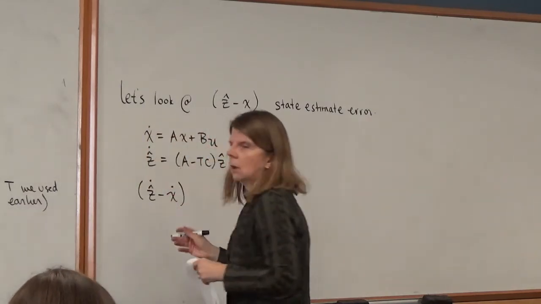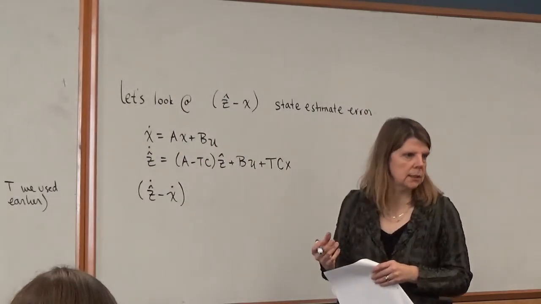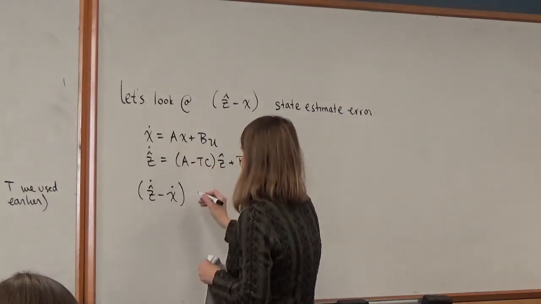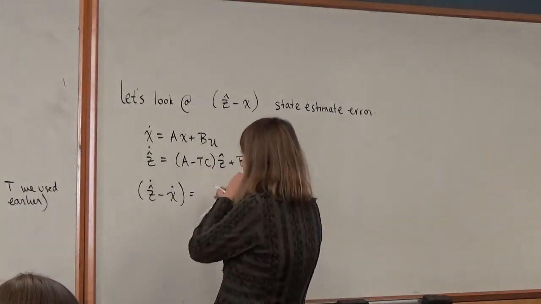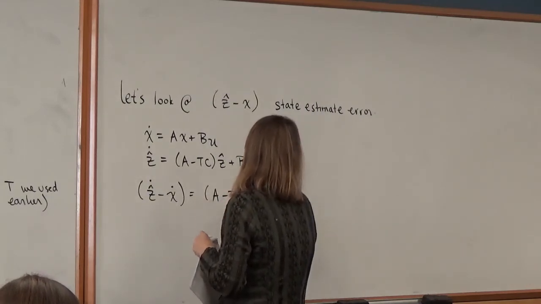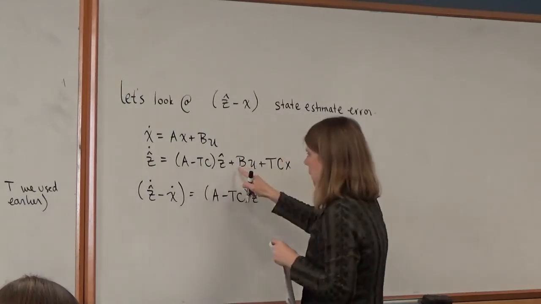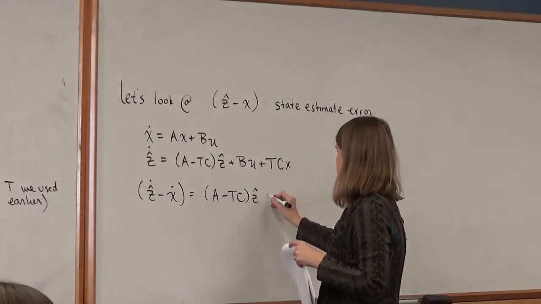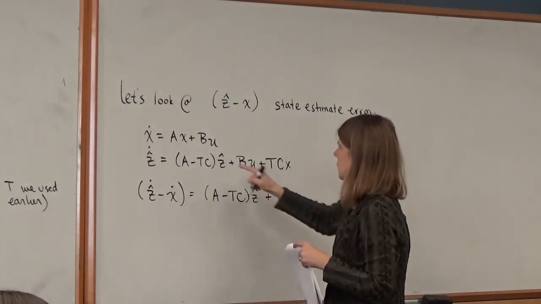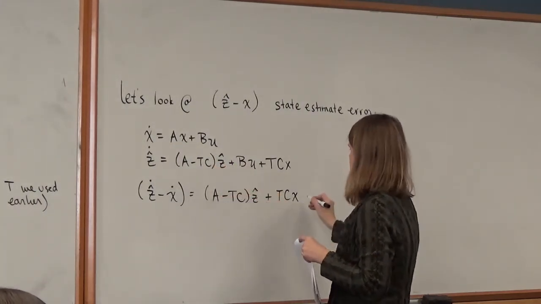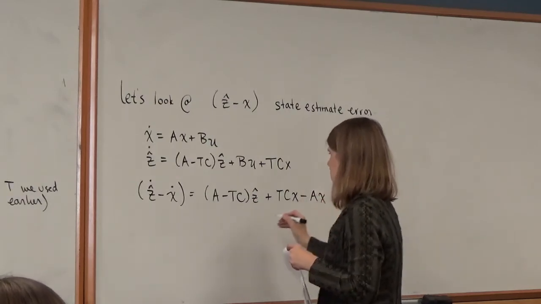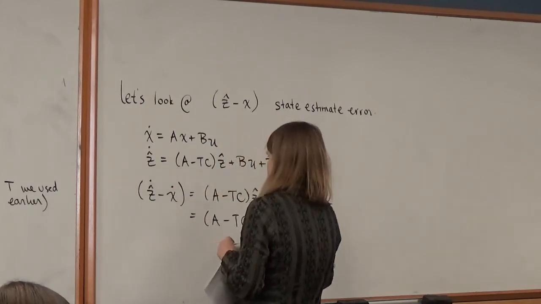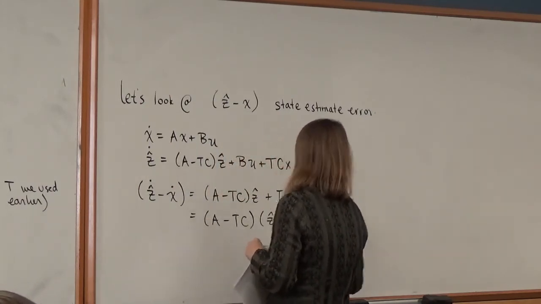That's what I'm going to call the dynamics of the state estimate error. I'm just subtracting these two differential equations. So that's (A minus TC) z hat plus Bu minus Bu, so the Bu's cancel out, plus TCx minus Ax, which I can rewrite as (A minus TC)(z hat minus x).